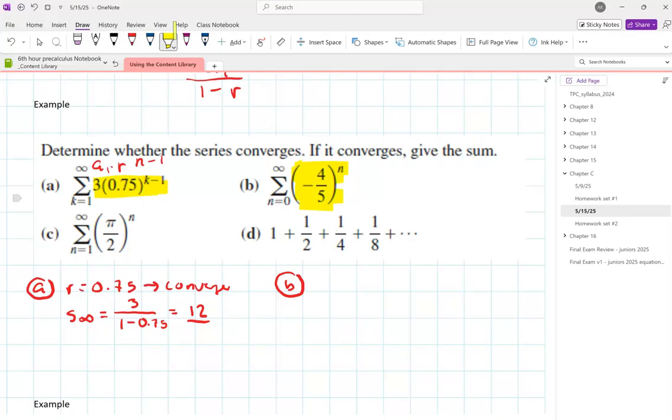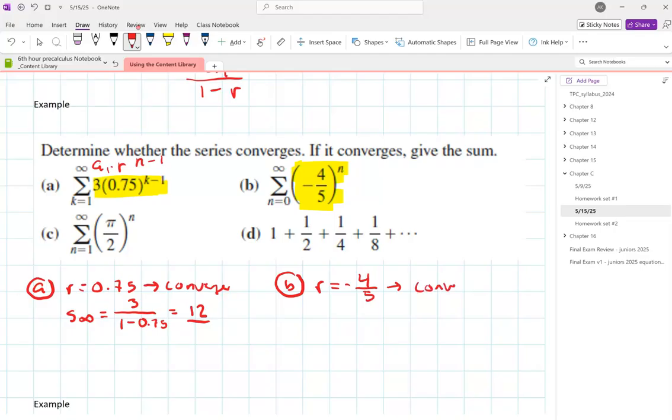Now, if I look at the next one, this is not written in the form of a geometric sequence, right? Not in that typical form. But if I look at it, it's still exponential, right? The variable's still in the exponent. Still means it's going to be geometric. And the base of that exponential is still the value for R. -4/5 is between -1 and 1.